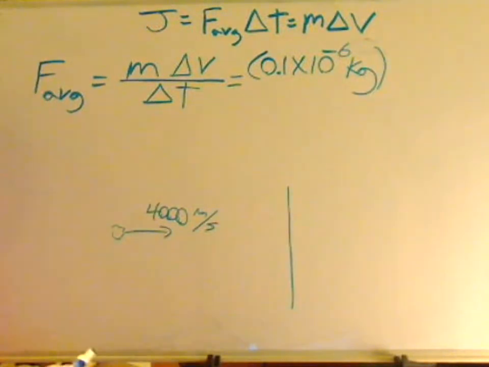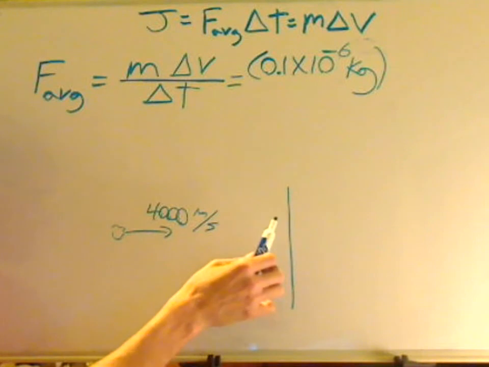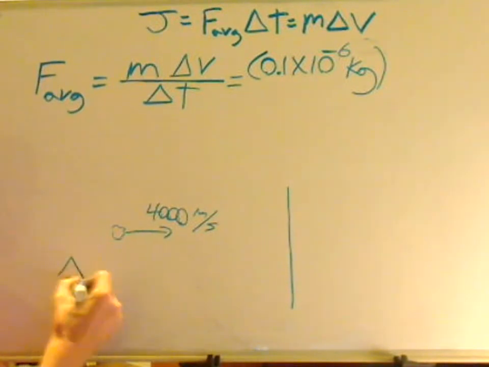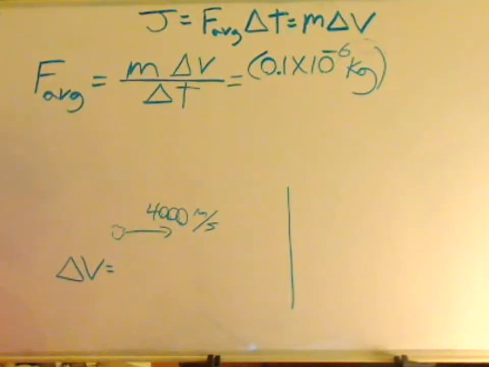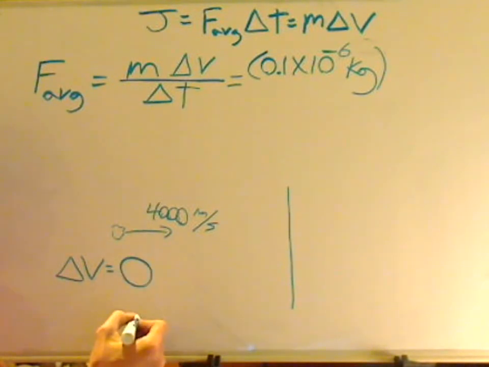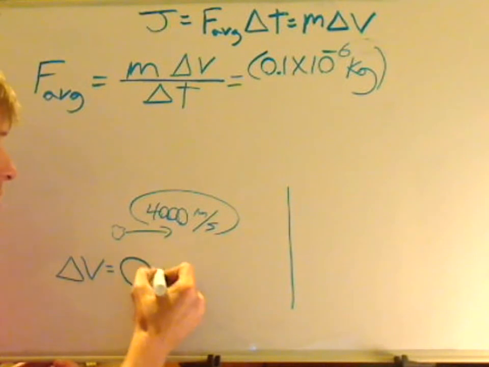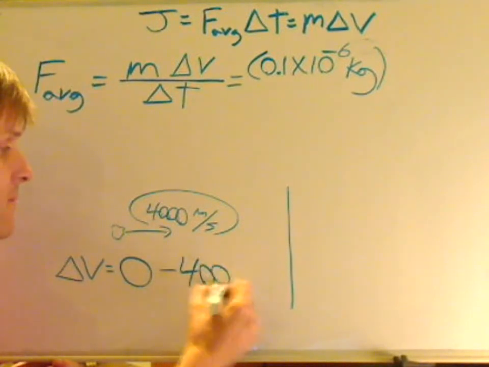And what's the change in velocity? Well, we go from a speed of 4,000 meters per second to 0. So the change in velocity then is the final velocity minus initial velocity. The final velocity is 0. Initial velocity is 4,000 meters per second, so minus 4,000.